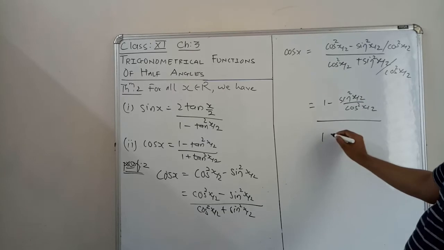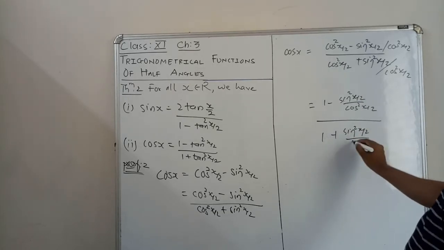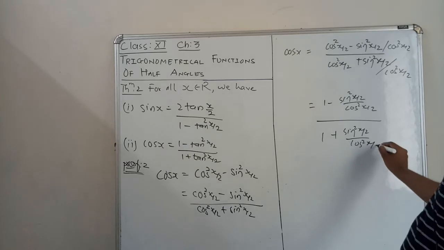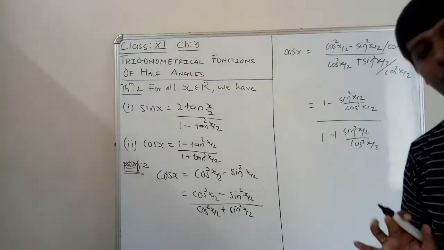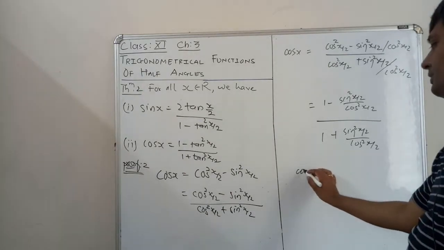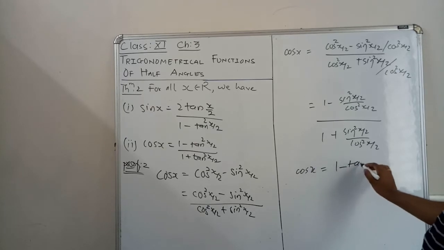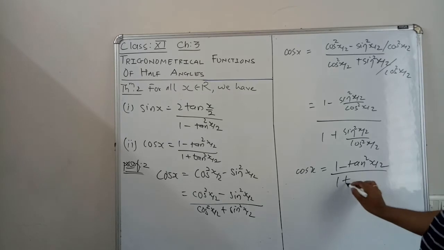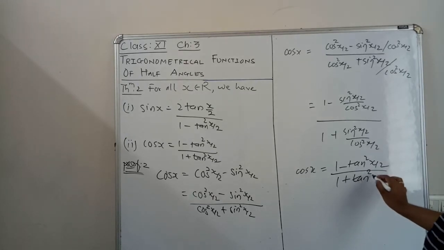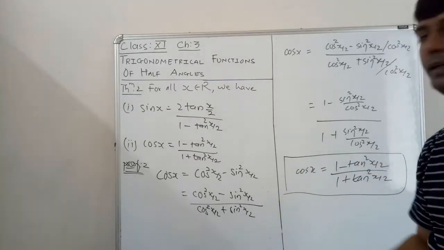Similarly, again got 1 plus sin square x by 2 upon cos square x by 2, right? Numerator and denominator both divided by cos square x again. So cos x is equal to, sin by cos, that will be tan, so 1 minus tan square x by 2 upon 1 plus again tan square x by 2. So we got the result, right?